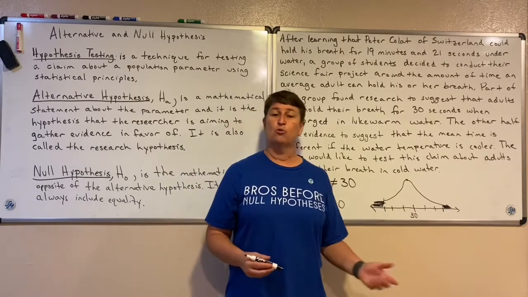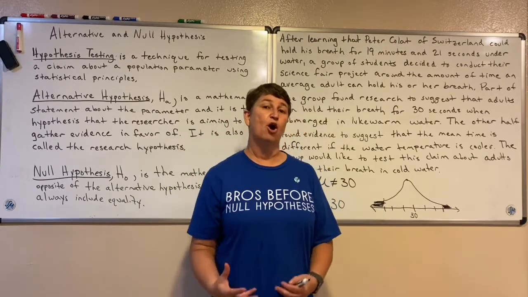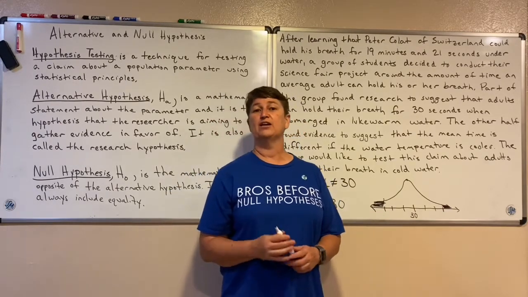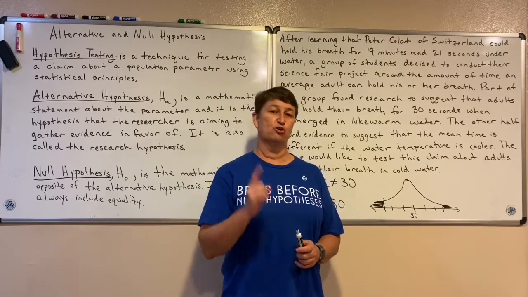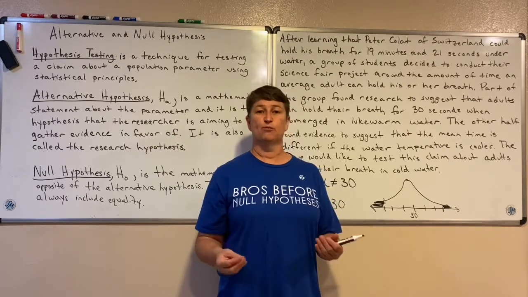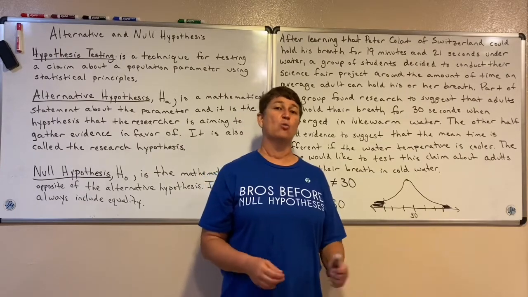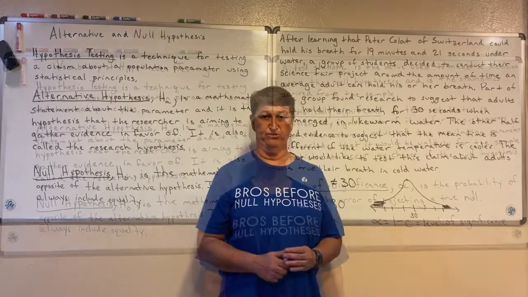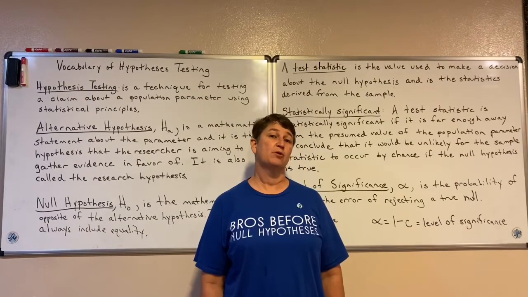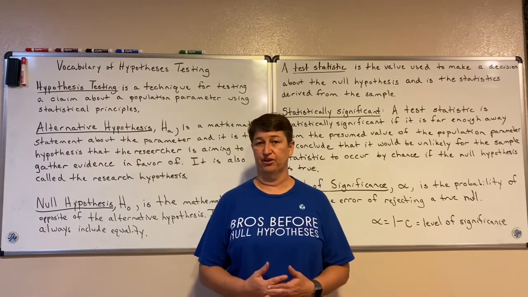So that's kind of what we mean, that beginning piece of doing a hypothesis test. The first thing we have to do is determine what our alternative hypothesis is, and then from that, what our null hypothesis is. Let's talk about some vocabulary surrounding hypothesis testing.